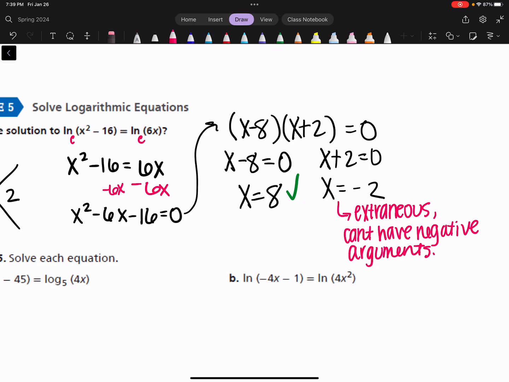So our solution, x equals 8, and then we can make a note that x equals negative 2 is extraneous.